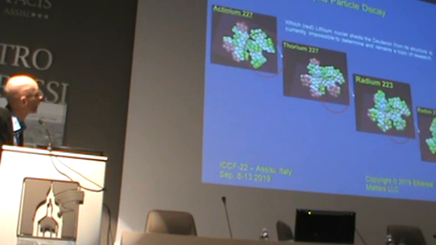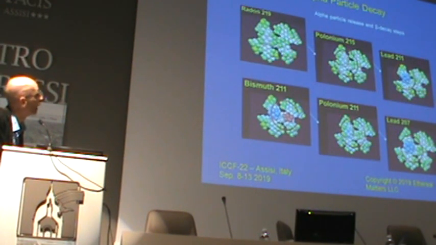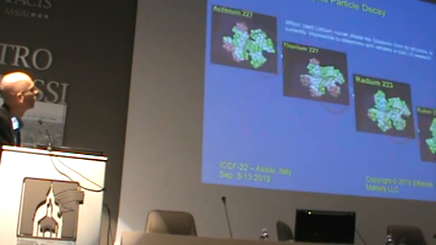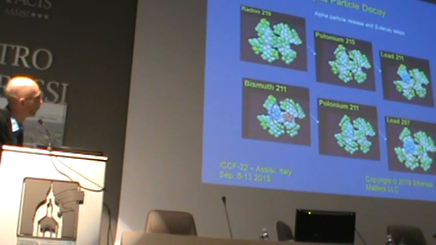Then we get the next phase, actinium-227, thorium-227, radium-223, radon-219, polonium-215, lead-211, and then 2 beta minus decay steps again, and then a final alpha particle will be shed into lead-207, which completes the cycle and is now stable again.